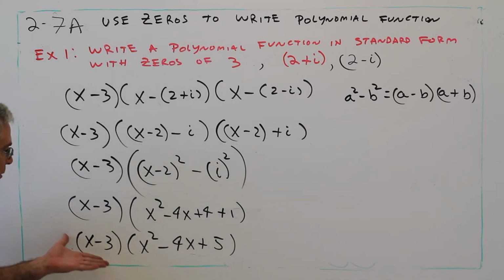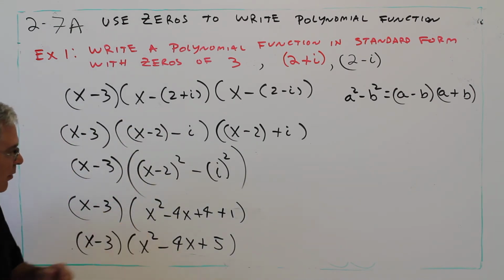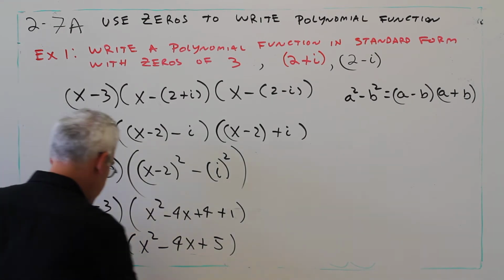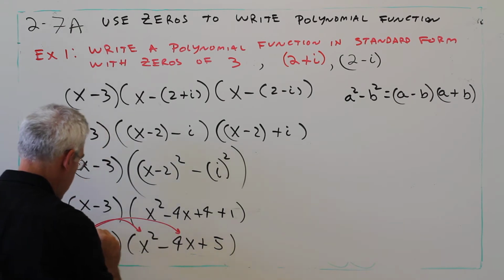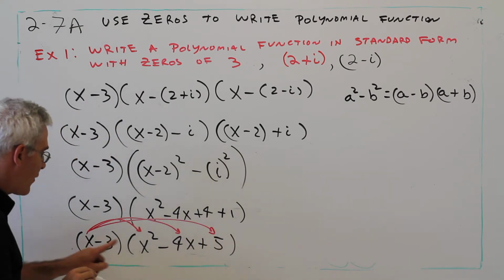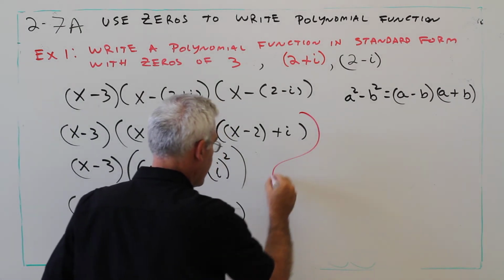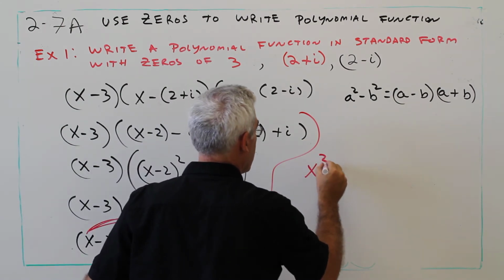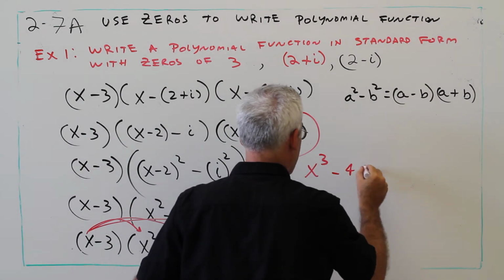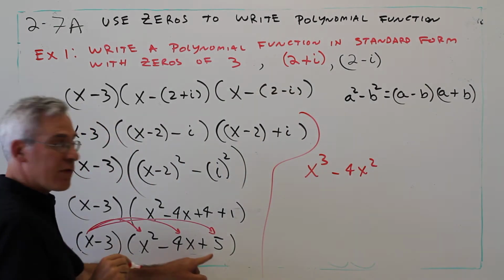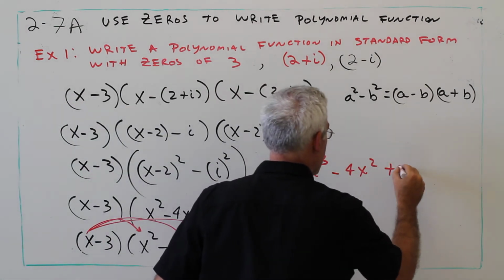All I've got to do now is multiply this binomial by this trinomial. So I'll do that right now. x times x squared is x cubed. I'll go over here. x times minus 4x is minus 4x squared. x times 5 is 5x.